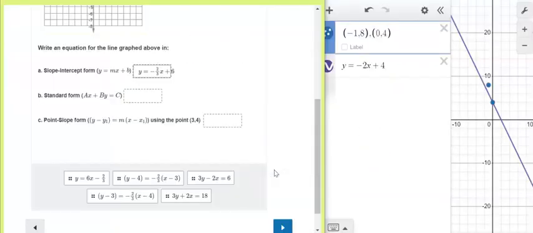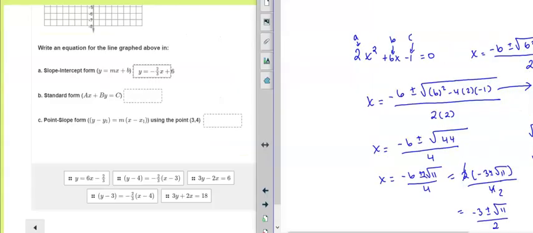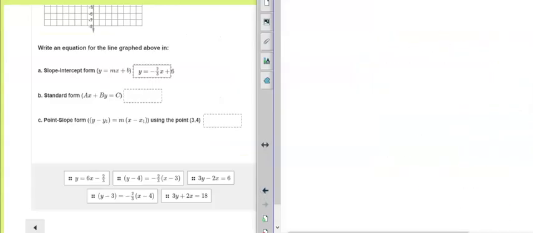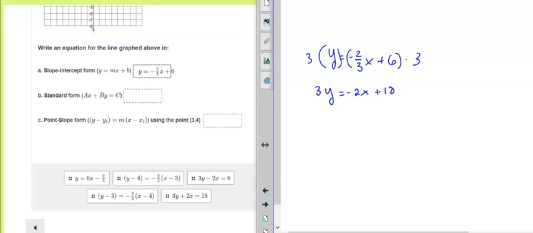So what was it? Hold on. So y equals -2 over 3x plus 6. For standard form, the way it works is we really don't want any fractions. So I'm going to take away this fraction of 3 by multiplying both sides by 3. So that would be 3y equals -2x plus 18.